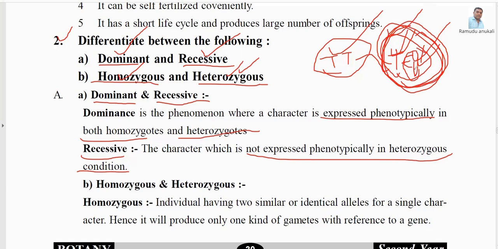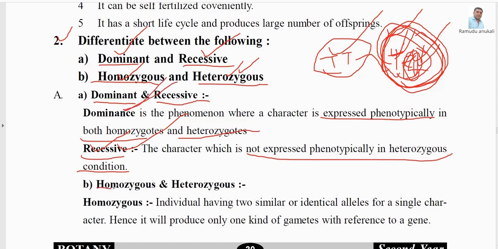Even though it has capital T and small t, the dwarf characteristic will not be expressed; it is suppressed. That is called recessive. The capital T characteristic is expressed, which is why it is the dominant one.